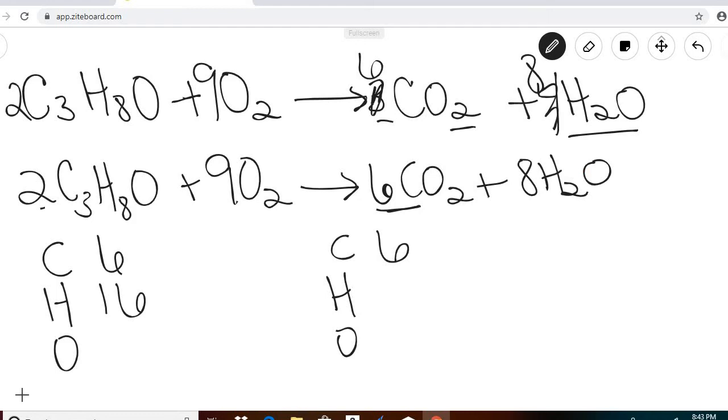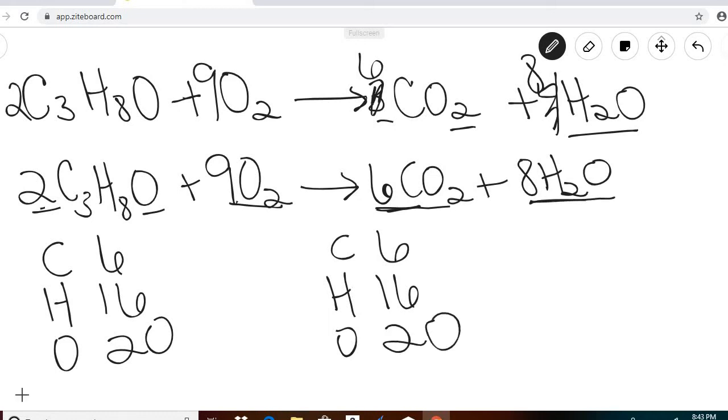And over here we have 2 times 8, which is 16 hydrogens. And now if we look at the oxygens, we have 18 plus 2 is 20. And we have 12 plus 8, which is 20.